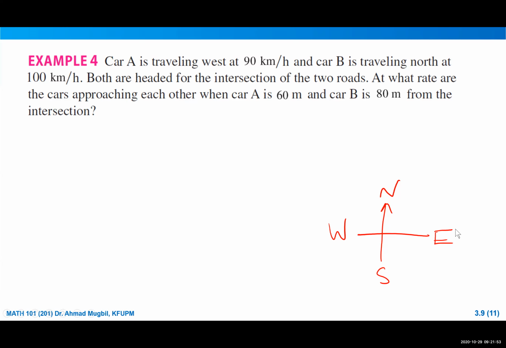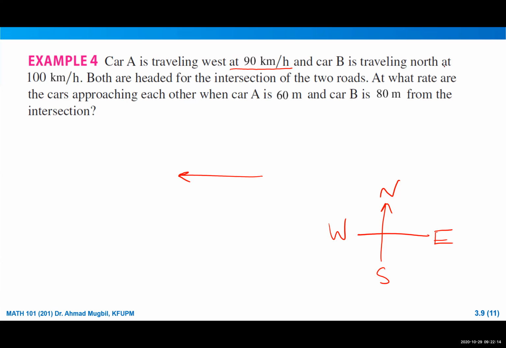So what we have here is a car that is traveling west, so it is going this way. This is the west, and he gave me the rate at which it is traveling: 90 kilometers per hour.